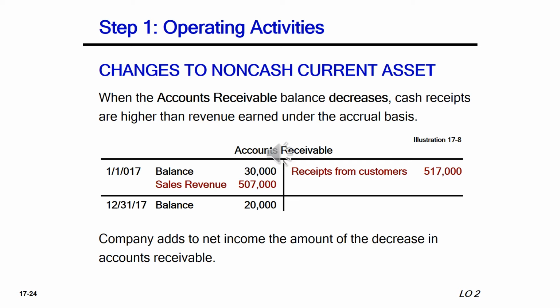Here we have the opening balance being 30,000, and we had some more accounts receivable from our sales of 507,000, and then we received from customers 517,000. That brings the closing balance of our accounts receivable account to 20,000, meaning that the company has received more in this specific financial period. So the company is going to add to net income the amount of the decrease in their accounts receivable.